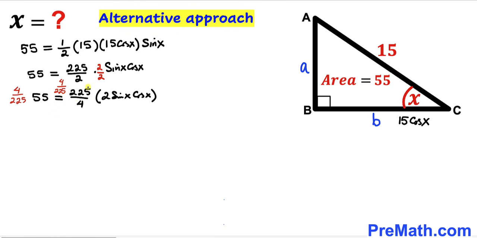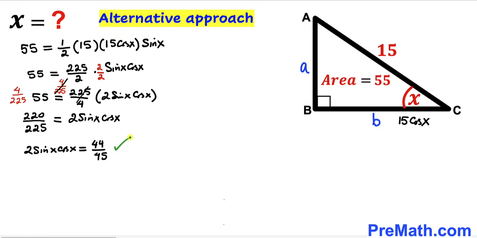So therefore this cancels out with this one. So therefore we got 220 divided by 225 turns out to be equal to 2 sine of x times cosine of x. And now we know that this reduces to 44 divided by 45, as you can see in this next step.